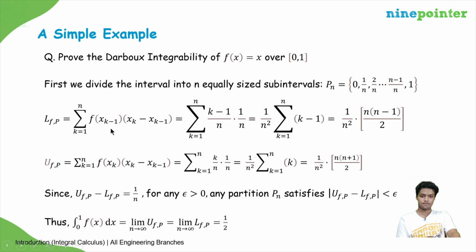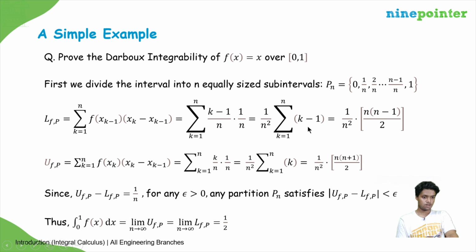The lower sum is defined as the lower value times the width of the rectangle. Since f(x) is an increasing function, the minimum value will be taken at x_{k-1}. So when we put this value here, we will get (k-1) by n, because I said that each x_i is given by i by n, as we can see in this partition over here.